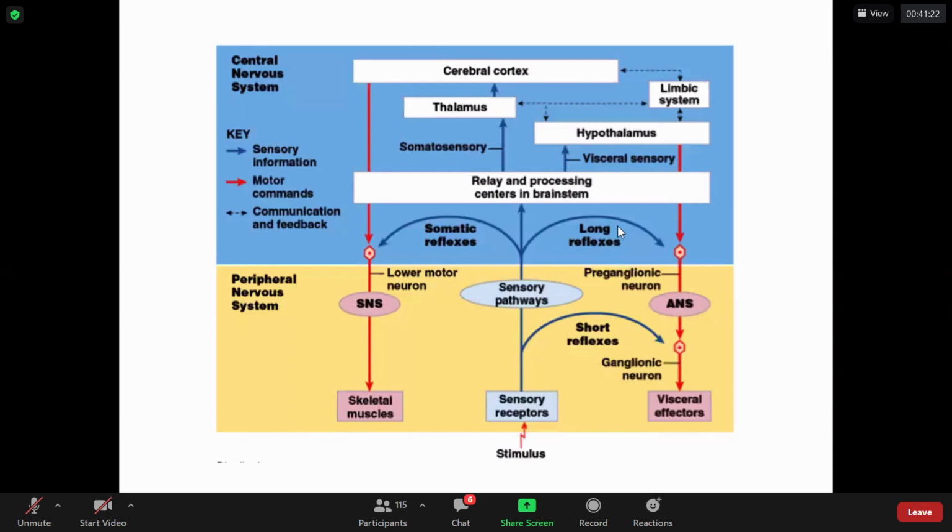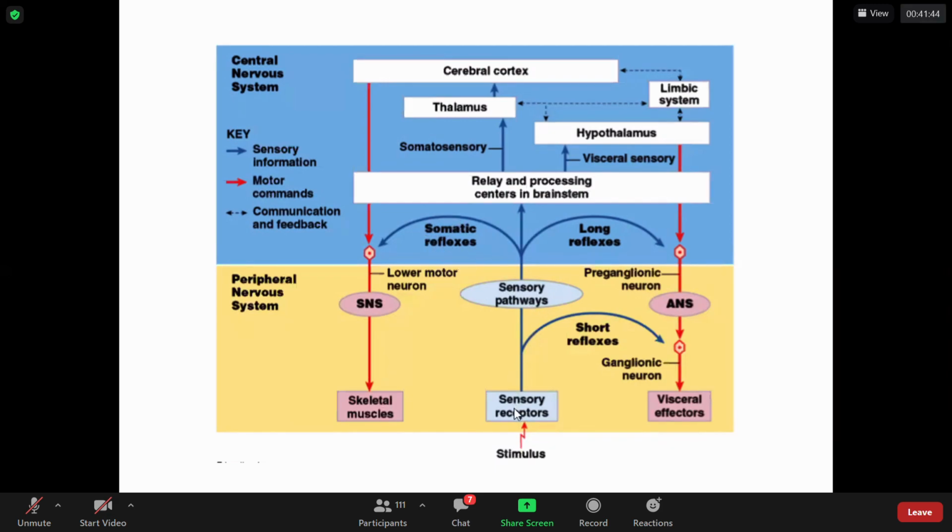There are some long reflexes, there are short reflexes. You can see the short reflexes occur in the peripheral nervous system in case of visceral reflexes. And long reflexes occur in the central nervous system. But all the somatic reflexes occur within the central nervous system.